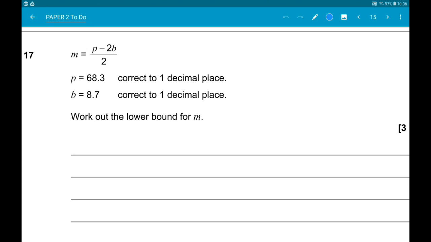Okay, so the first thing we're going to do is write down the error intervals for P and B. So, the smallest thing P could be would be 68.25.